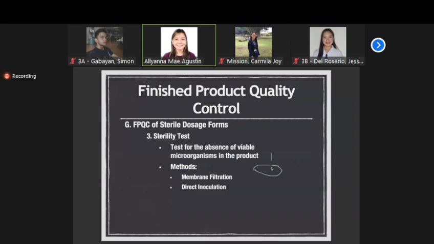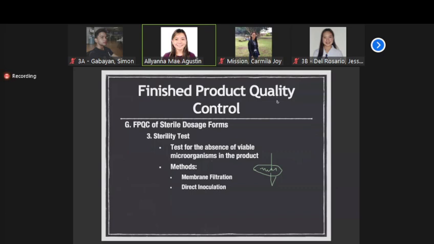Pag filter mo sa product, mabibilin dito ang inyong bacteria if ever, and then ito yung i-inoculate mo sa agar or sa any media. Then we have direct inoculation. So sa direct inoculation from your product, yun yung diretso mo, no, sa agar. Ayan.